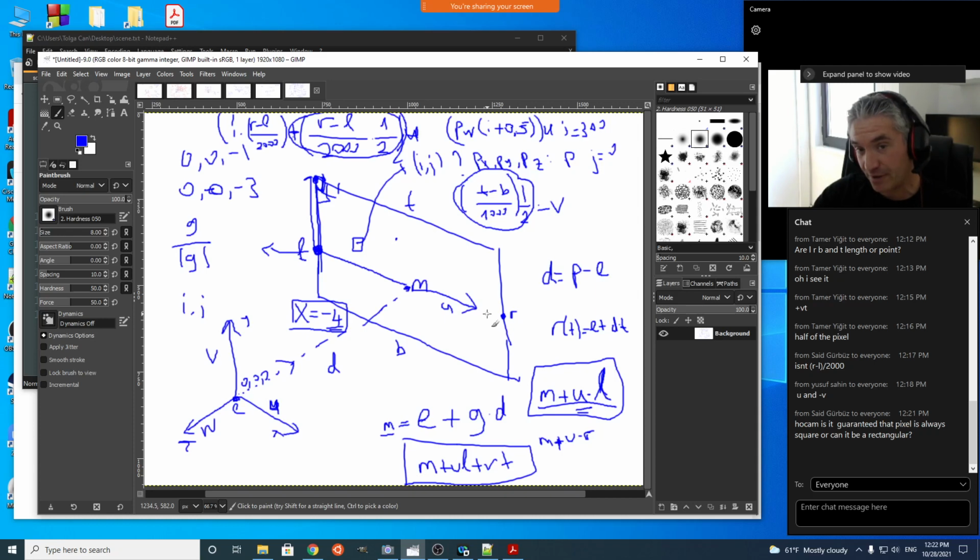In that case, they will be square. If these two aspect ratios do not match, our pixels may be rectangles. But we don't care about those. This generic equation that we have handles it, since pixel height and pixel width may be different.